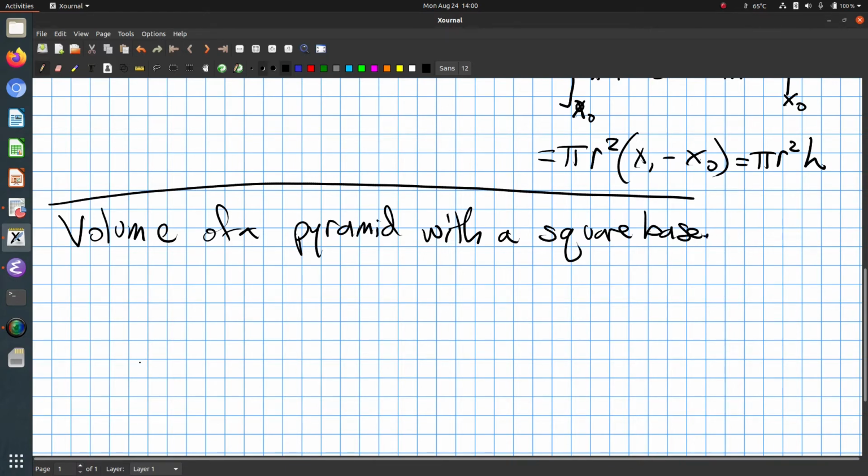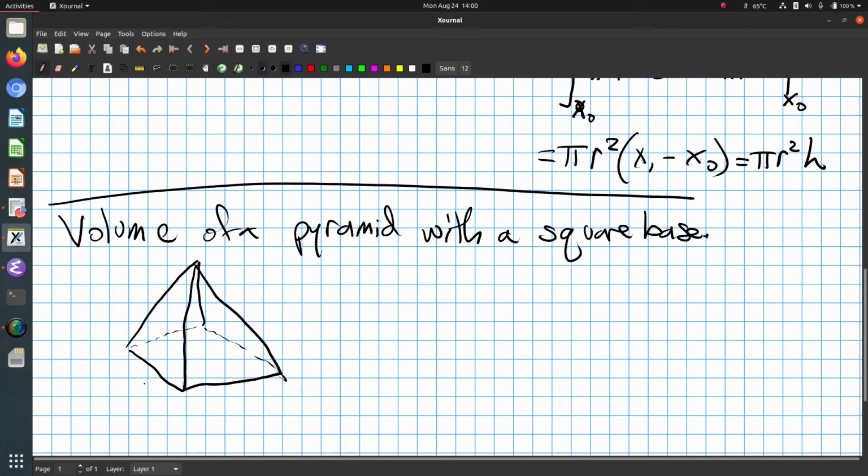And with these volume problems, it is always a good idea to draw a picture. So there's my pyramid with a square base.